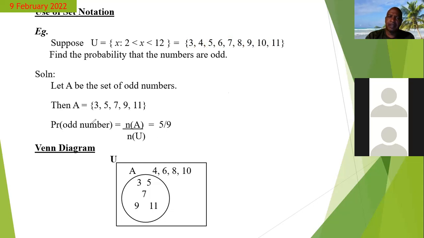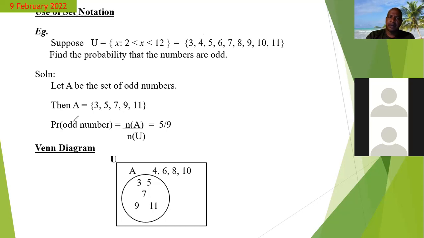So the chance of getting an odd number is the number of favorable odd numbers, which is 5, over the total number in the universal set. In the universal set we have 1, 2, 3, 4, 5, 6, 7, 8, 9 members. 5 of them are odd, so we are in favor of 5.